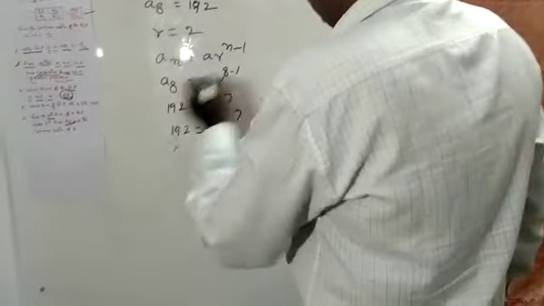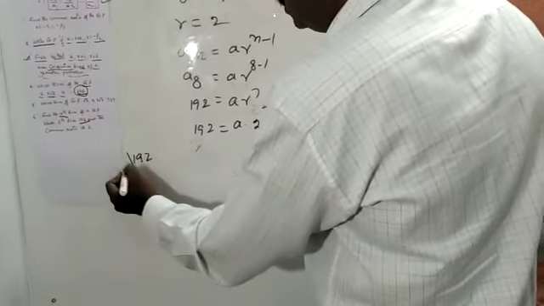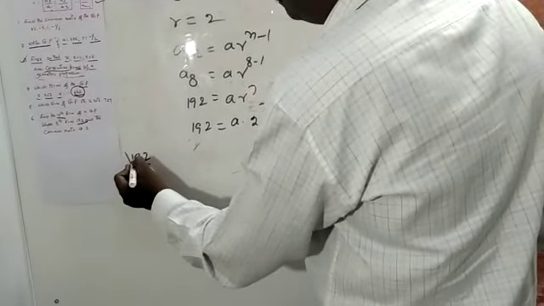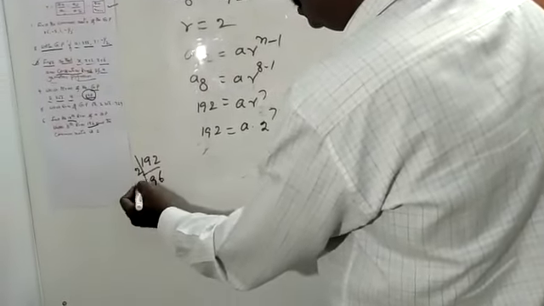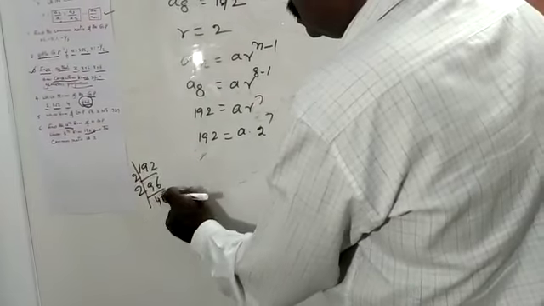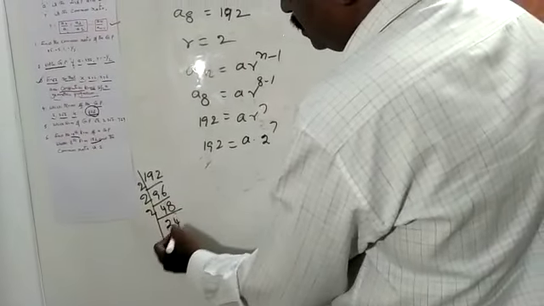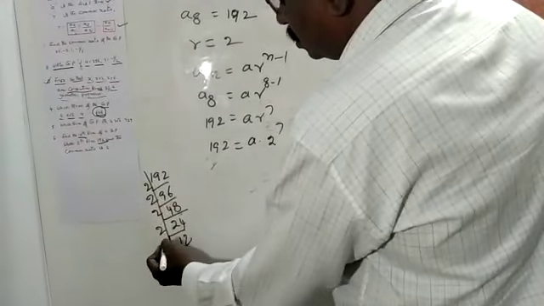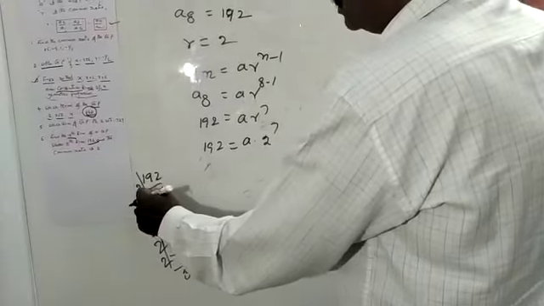Then you have to write 192 using the prime factorization method. Already you did it: 2, 2s are 4, 2 again, 6, 2 again, 3. 1, 2, 3, 4, 5, 6.